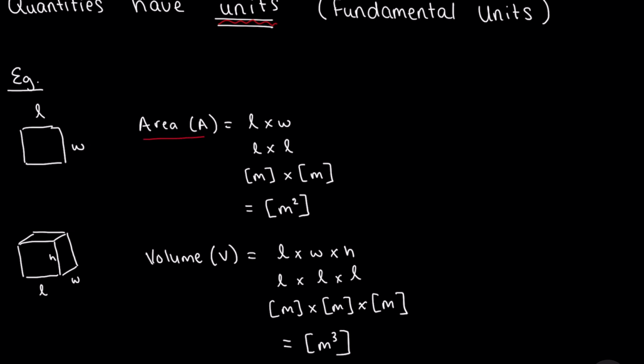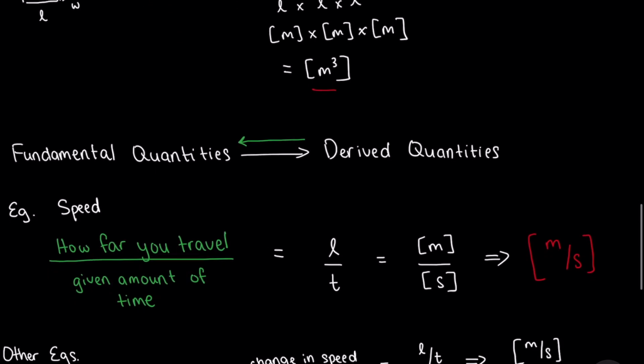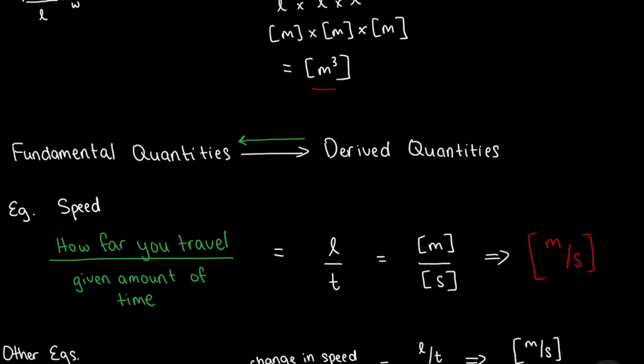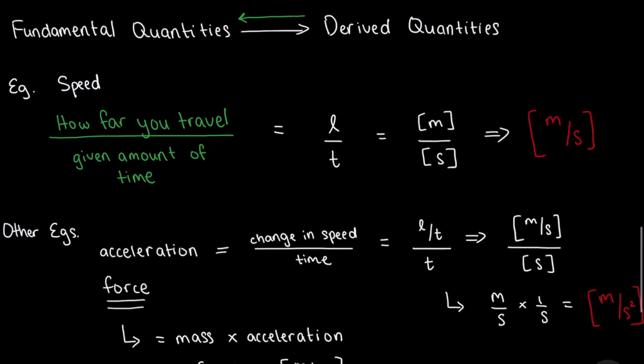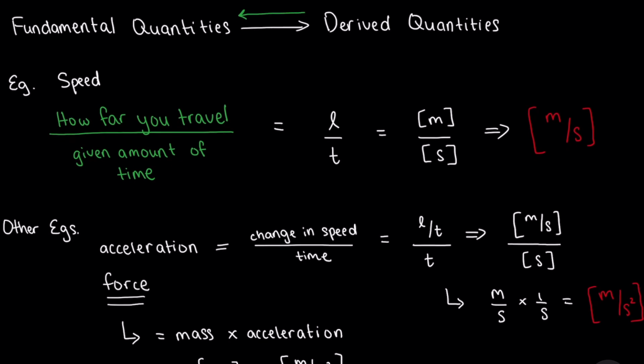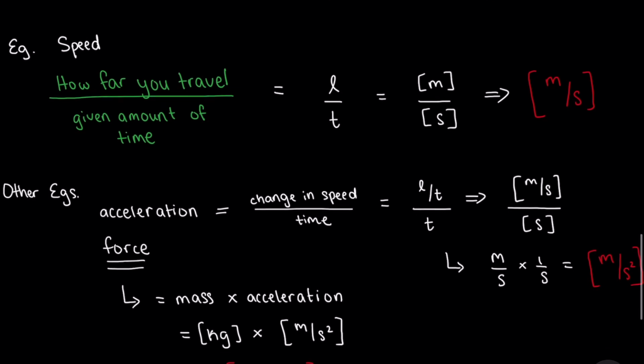Again, with area and volume, we took length and made it tell us about area and volume. With speed, we took length and time and made it tell us a speed. With acceleration, we took length and time and another time and made it tell us an acceleration. With force, we took a mass and an acceleration and had it tell us a force.